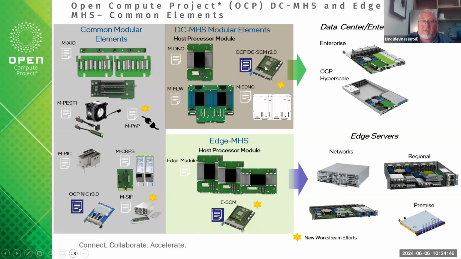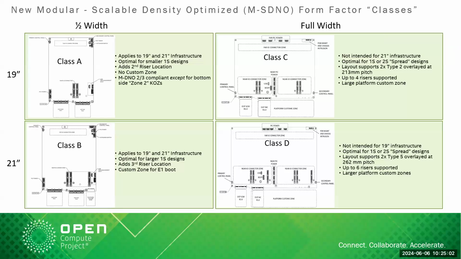The intent is you can mix and match all of these pieces in order to build differentiated servers that exist on the right side. Does that all make sense? Yes.